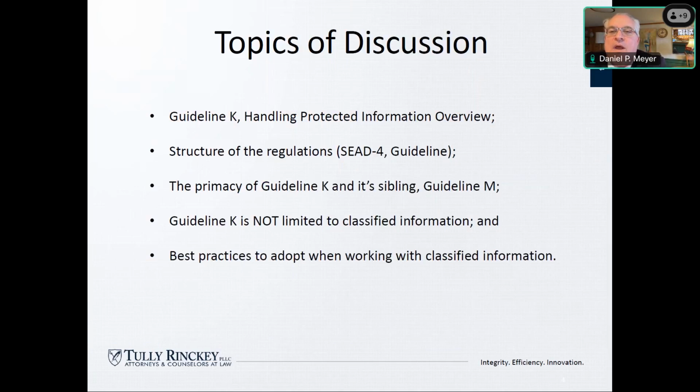Okay, so let's chat a little bit about the overview we have for Guideline K. Guideline K is kind of the heart of the adjudicative guidelines. Remember that the adjudicative guidelines are issued by the Director of National Intelligence for the entire executive branch. There are different series of regulations for the judicial branch and for the legislative branch of government.